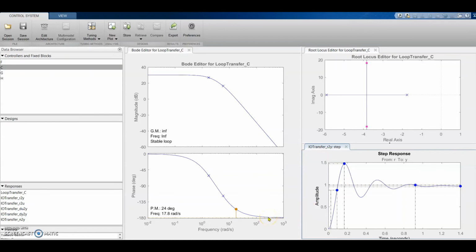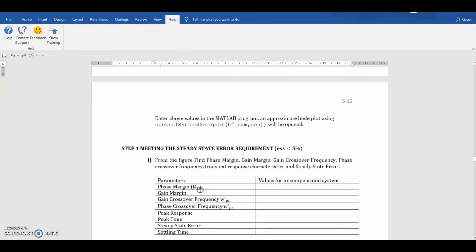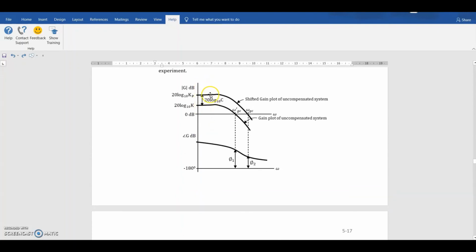But there is a problem with this. What happens when we change gain? We have increased the gain, right? Increasing the gain means the crossover has shifted towards the right. Initially it was omega gc dash, and when we increase the gain, we move to omega gc.